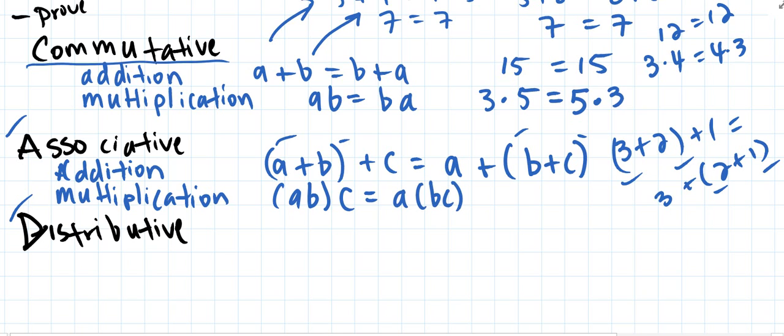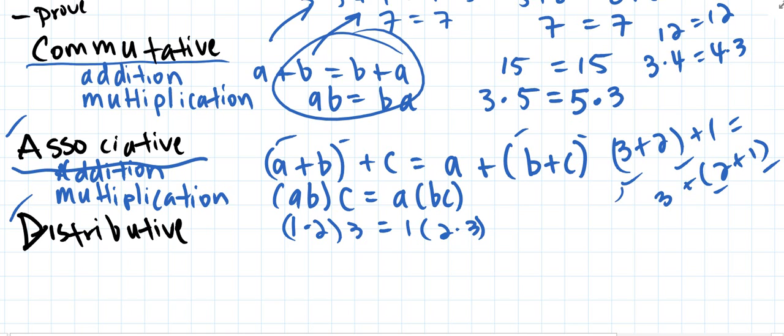So if you had 1 times 2 times 3, you would get the same regardless of grouping. It does not matter how you group the numbers you add or multiply, you're always going to get the same answer. So what's the difference between commutative and associative? Here we have 2 numbers, and here we have 3.